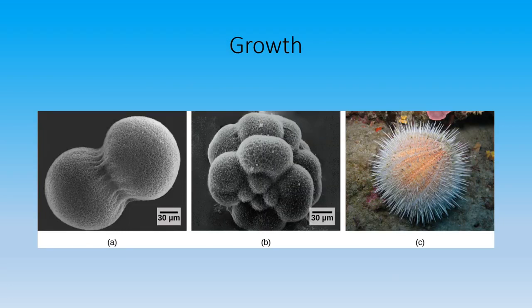Growth is referring to just an increase in size, and the fact that you start over here, as you can see, with one cell, it goes through cell division, and you end up with 2 new cells. Then each of those will grow and divide, and you end up here with a cluster of multiple cells until you finally end up with your organism.